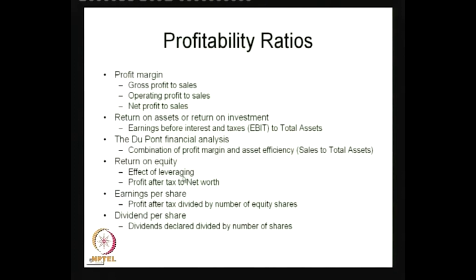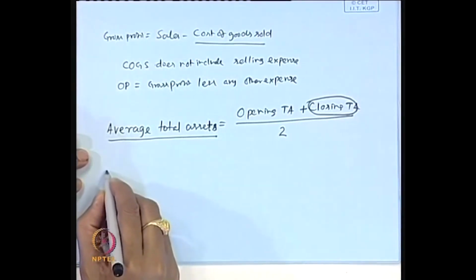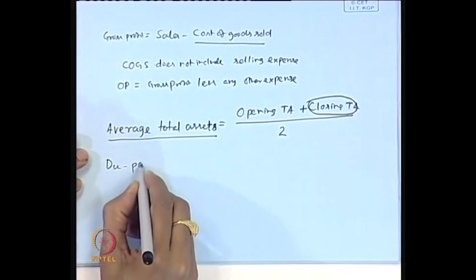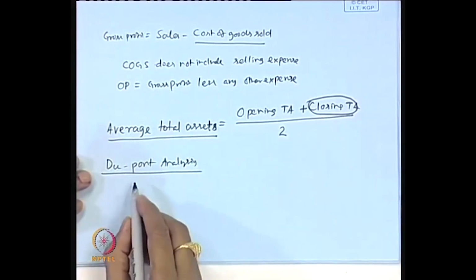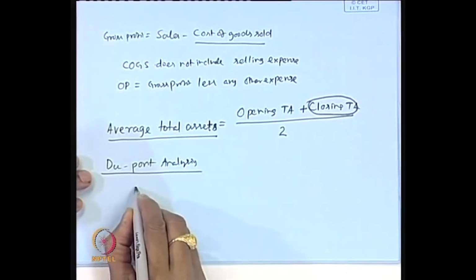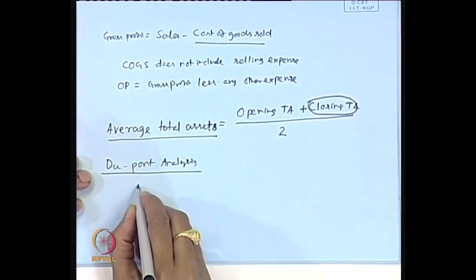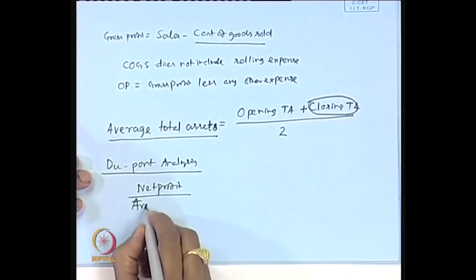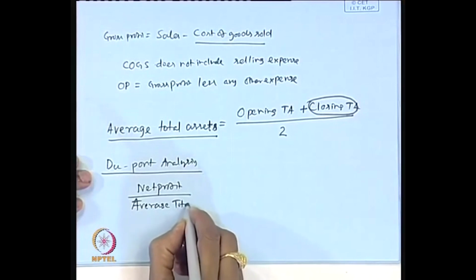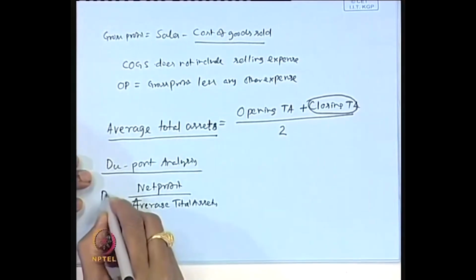to the next type of ratio, that is the DuPont financial analysis. What happens in this case? We have a combination of profit margin and asset efficiency. The DuPont chart is a very simple format, but a very useful analysis method, where we talk about the profit to total assets, that is net profit to average total assets, which is the return on investment.